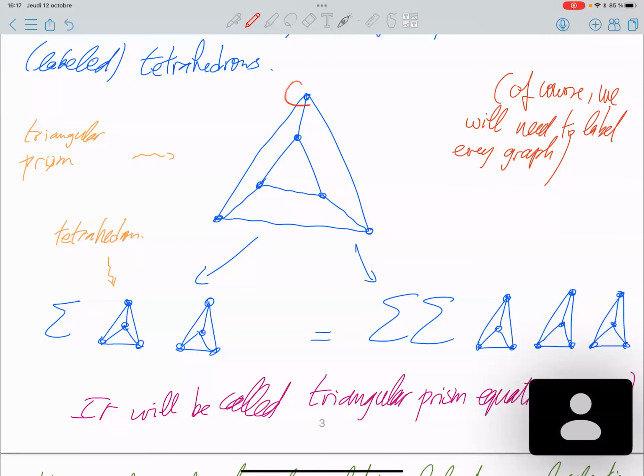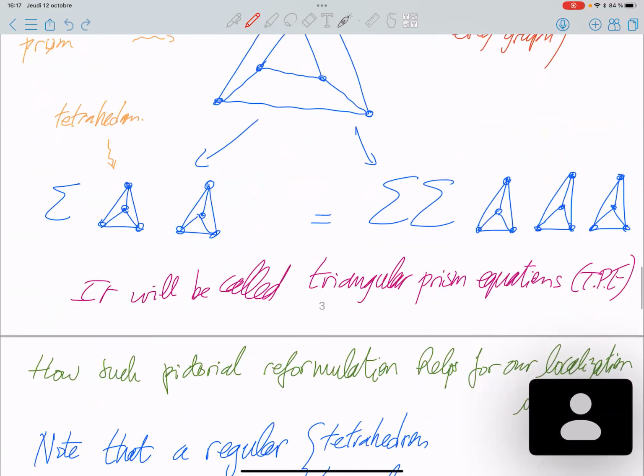I will label this one with the same label, and this one another label the same, and again you will choose some label for here also. You can label this one the same, and this one with something else. So you get something symmetric, something regular, and with the help of this pictorial reformulation, you minimize.